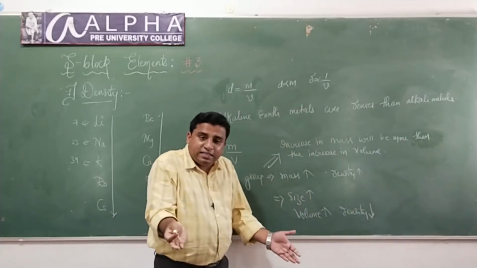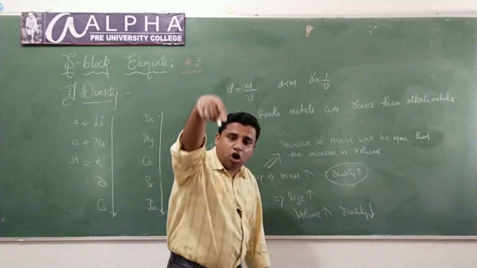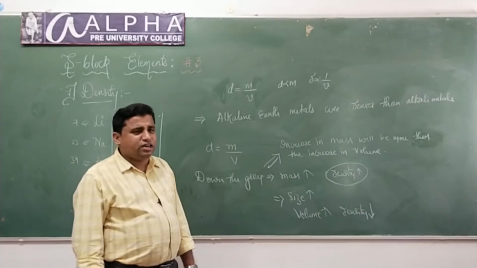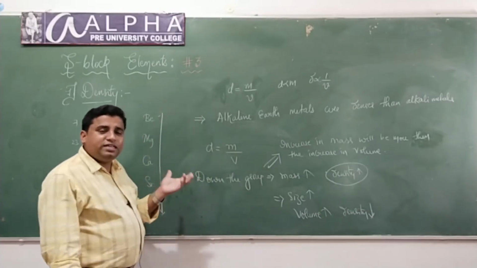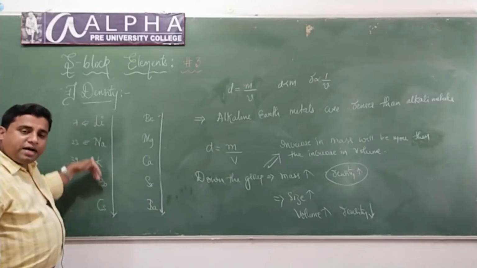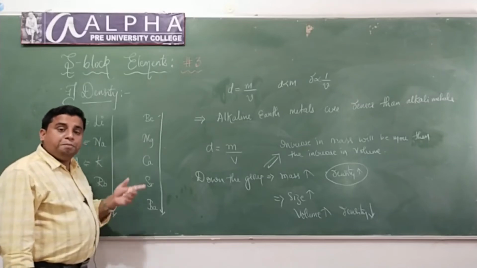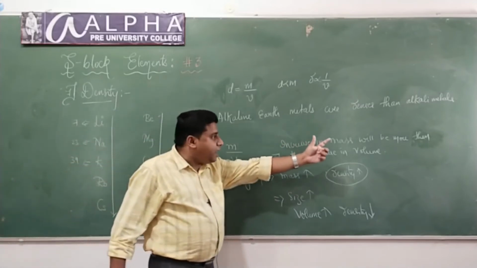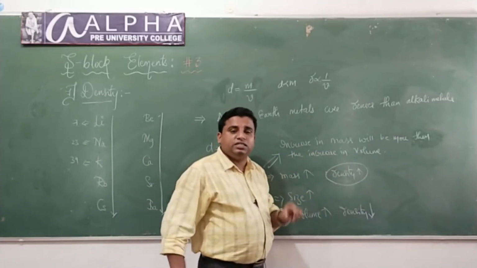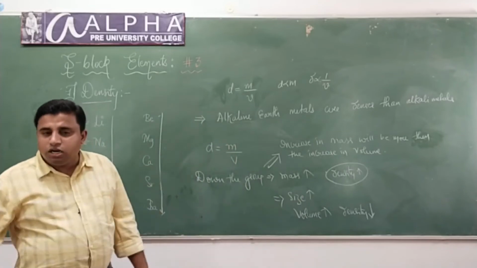Since the mass increases more than volume, the density will increase down the group. Got it? Clear? So here both things are happening. As the mass increases, density increases, but as the volume increases, density should decrease. But the increase in mass is more than the increase in volume. As a result, density will increase down the group.